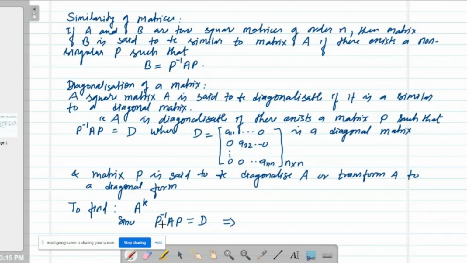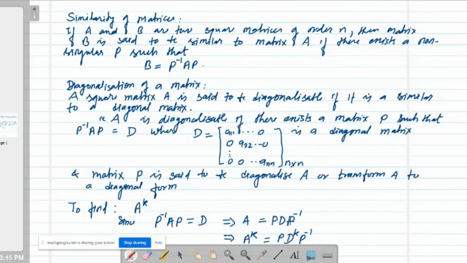We shift P on that side. So this becomes A, and this equals what? If P goes here, so here becomes P D as it is, and this P becomes P inverse. Okay. Now what I have to do? I am taking power of k. So if you take power of k, then you will have P D raised to k and P inverse.